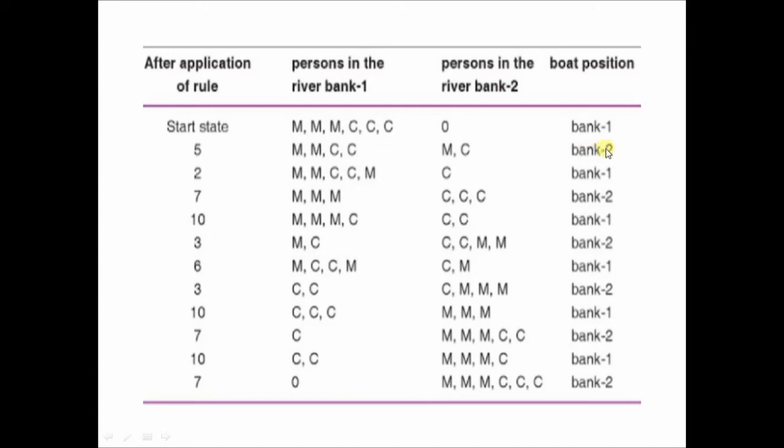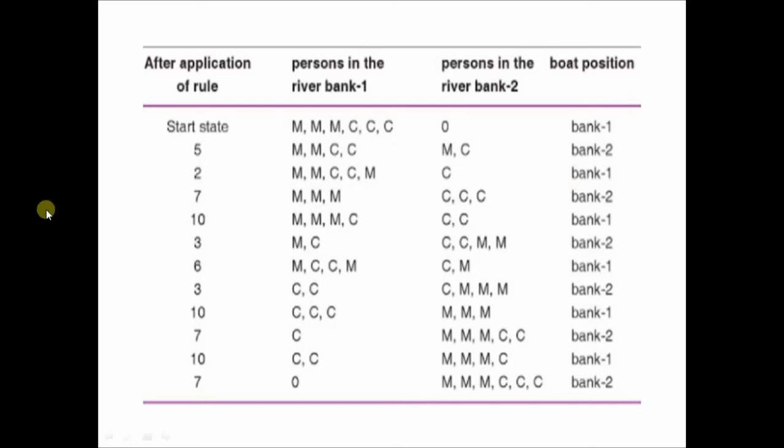Then at bank 2 we apply rule number 2, and the missionary is sent back to bank 1, right? So when this missionary comes back to bank 1, now there are 3 missionaries and 2 cannibals, whereas on bank 2 only one cannibal remains, and the boat, since it has moved from bank 2 to bank 1, is now present at bank 1.